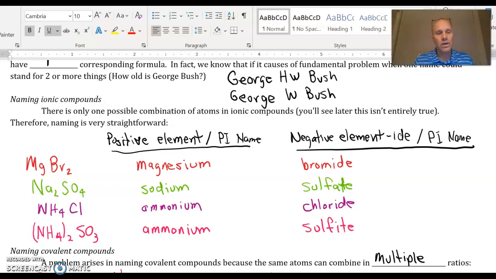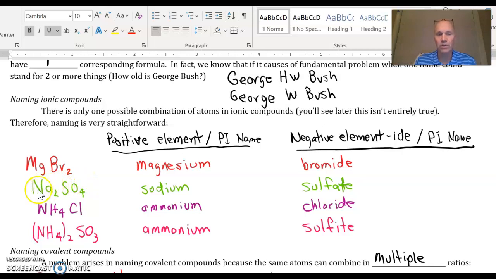If you look at that list, you would see SO4, which has a -2 charge, and the name for that polyatomic ion is sulfate. So in this case, first we need to look at what is the positive ion in this formula.